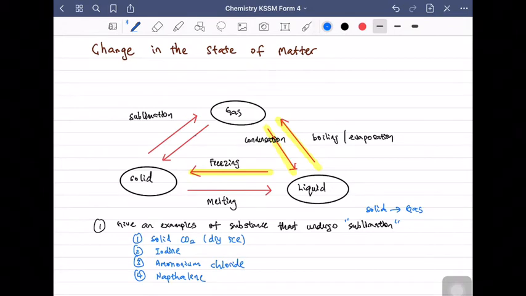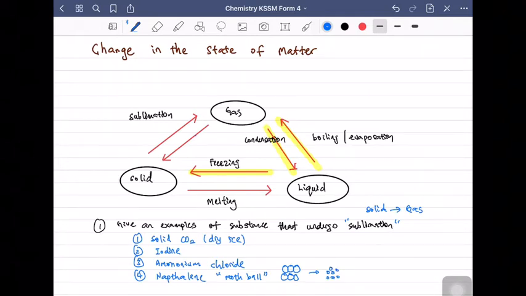What is naphthalene? Naphthalene is actually mothball, which we normally put in our cabinet to chase away insect. If you realize, the size of the solid mothball will reduce and subsequently disappear after some times.